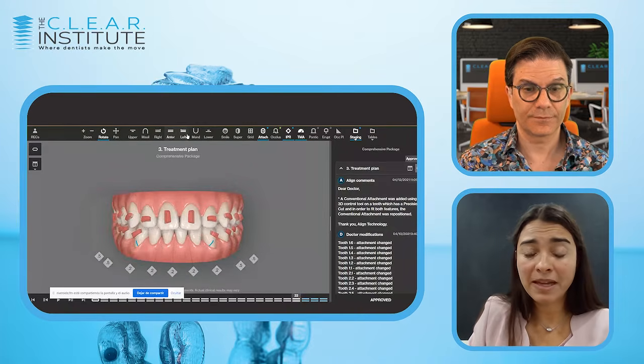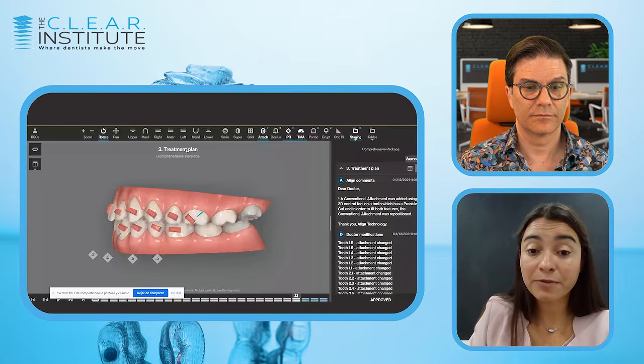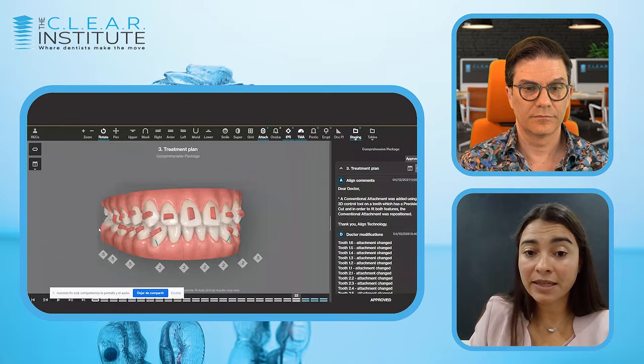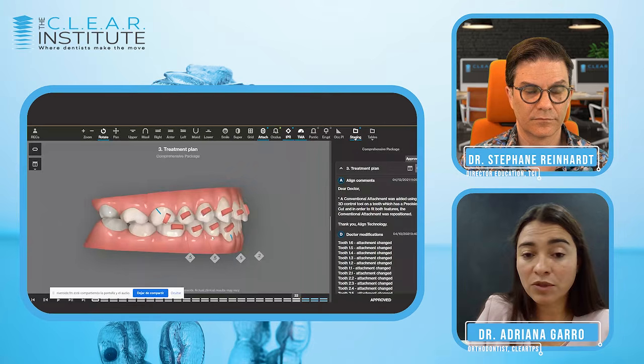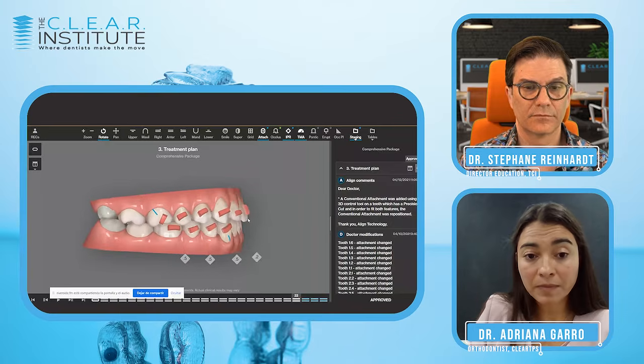Now, all the attachments that you see in this case are part of the clinical preference from the doctor. In this case, these are the C.L.E.A.R Institute attachment protocols. Doctors have different preferences in regard to attachments, and we follow them as required.